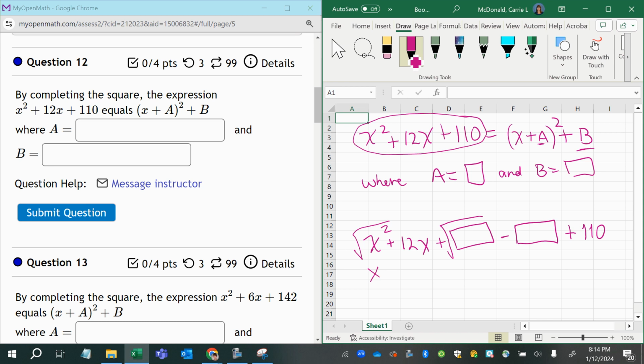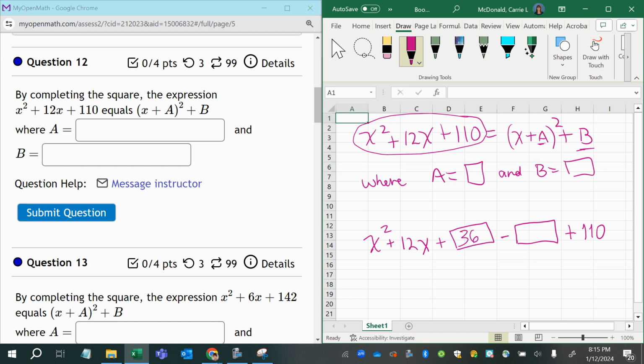If I divide 12 by 2, I get 6. So that means the square root of that last term should be 6. So then I need to add a 36. And if I had an equal sign, I would also add 36 to the other side.